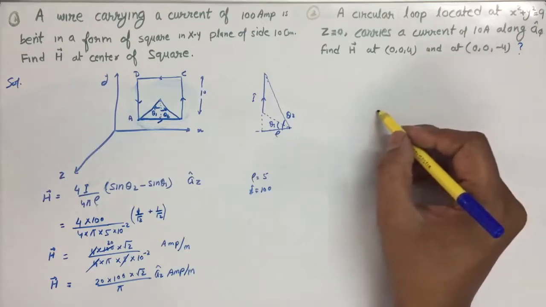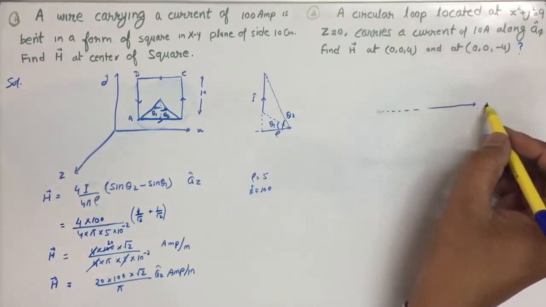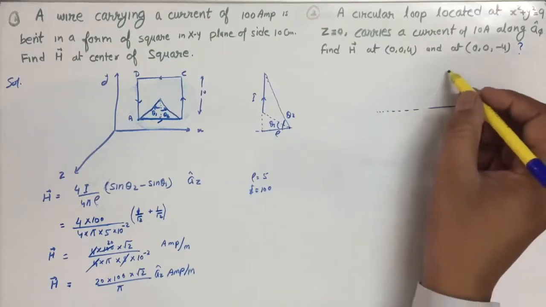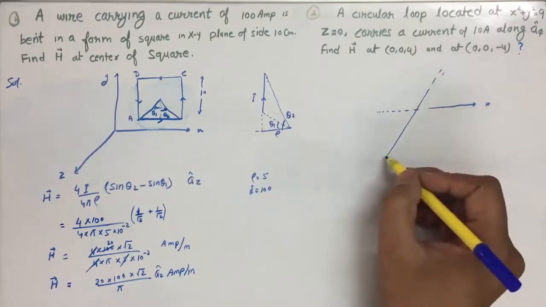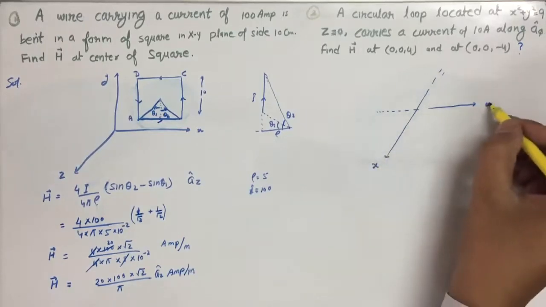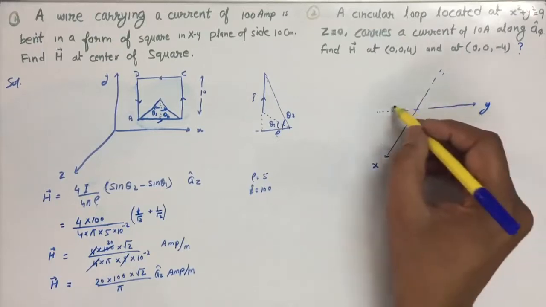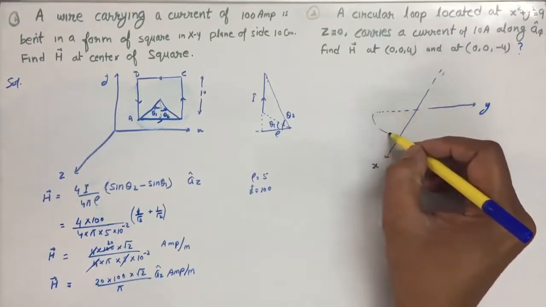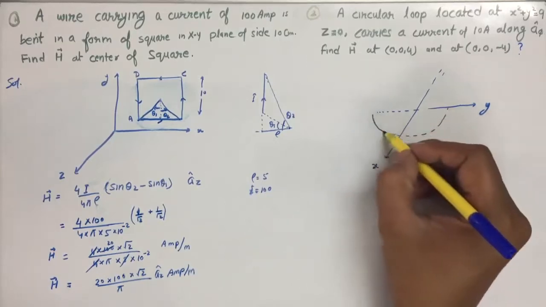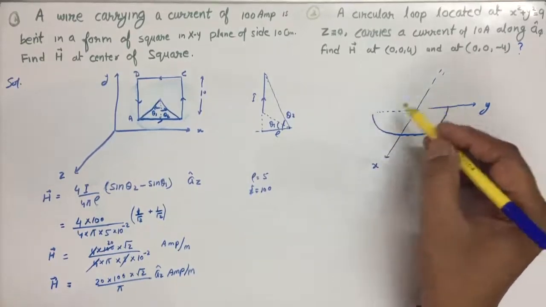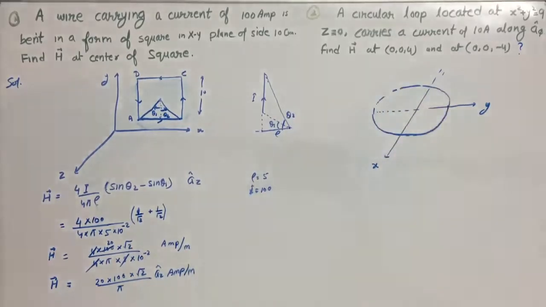As it is said, the circular loop is in the XY plane. Anti-clockwise, then we can assume this is X, this is Y, minus X. The loop is like this in XY.